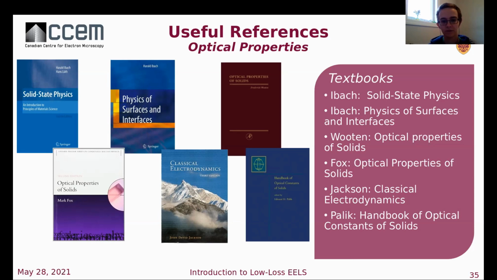So the Ultimono seems so far to get us down to around 30 meV resolution, full width half max of the zero loss peak. The NEON is expected to be somewhere sub 10 meV resolution, like 5 to 10. So we're really able to get into the surface phonon modes and the vibrational modes that we can, even potentially mid-infrared plasmonic modes that we cannot access right now with our Titan.